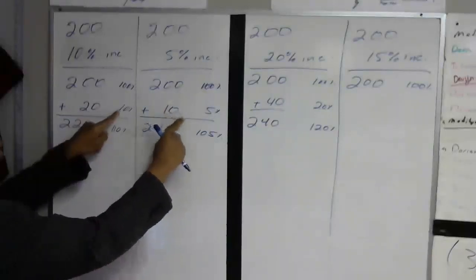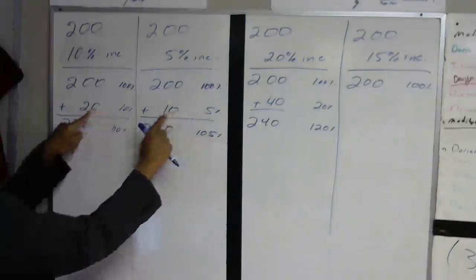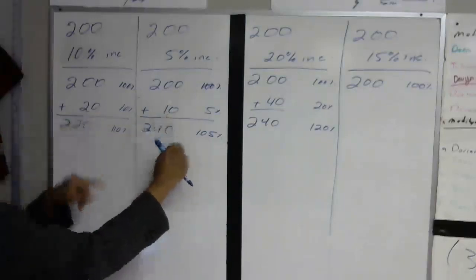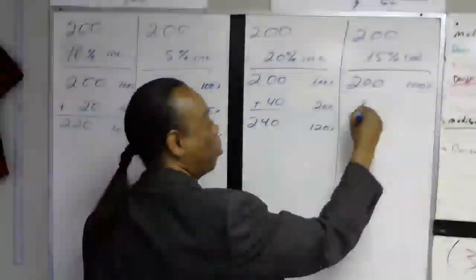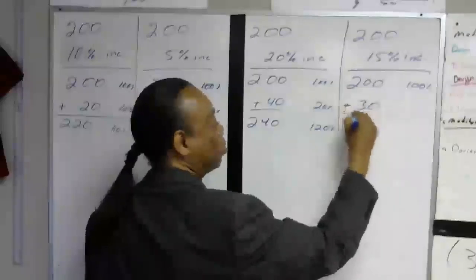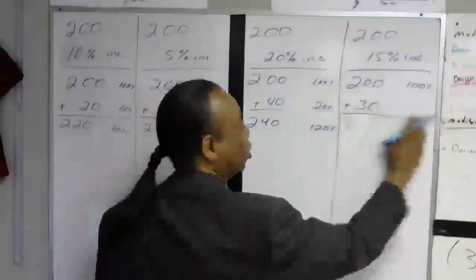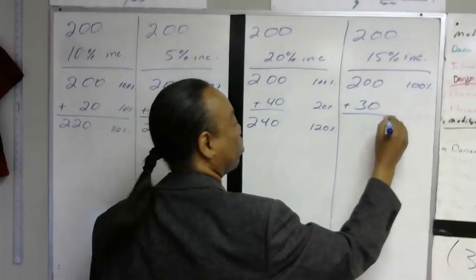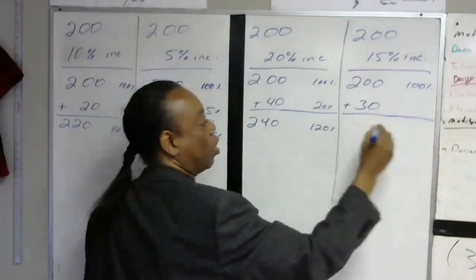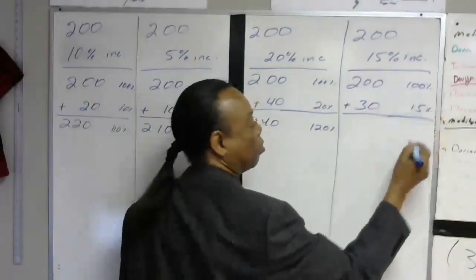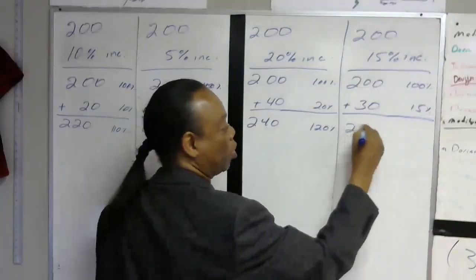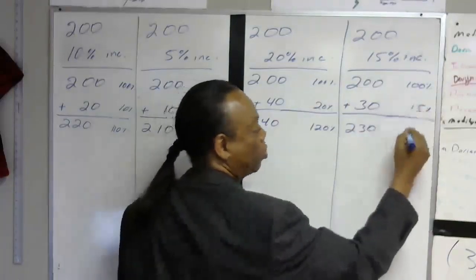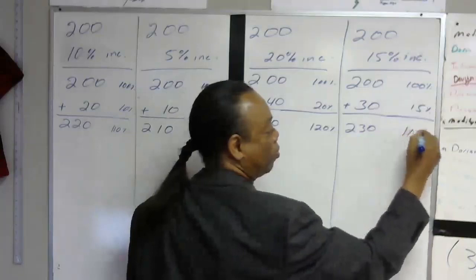So you simply put together the 10 and the 5, which is the 20 and the 10 here. That represents the 15%. All right, so this is 15%. We add them together, we get 230. And this represents 115%.